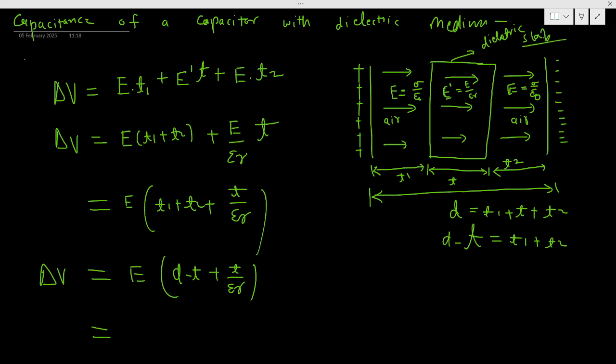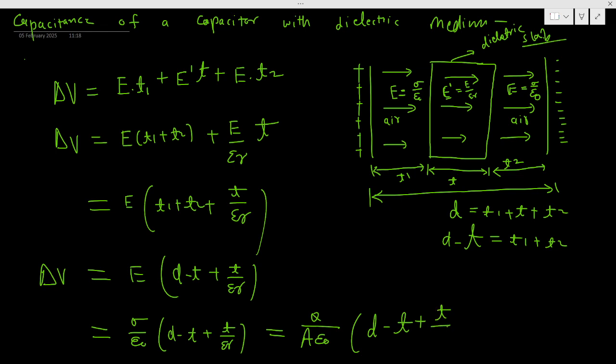So we got delta V equals sigma by epsilon naught times d minus t plus t by epsilon r. Now put the value of sigma. Sigma is Q upon area, so we have Q by A epsilon naught times d minus t plus t by epsilon r.